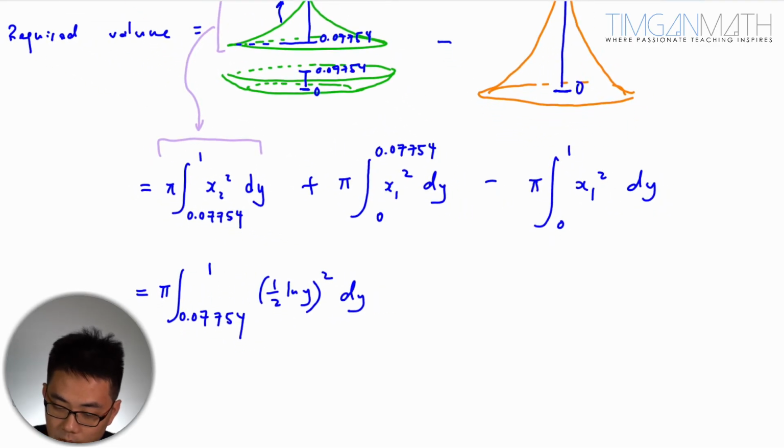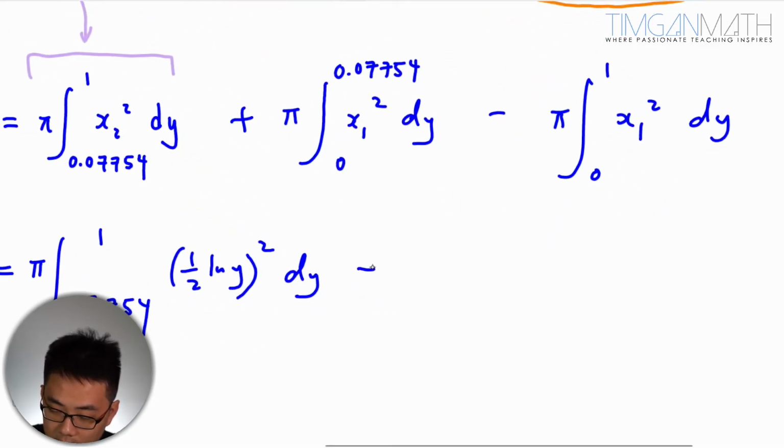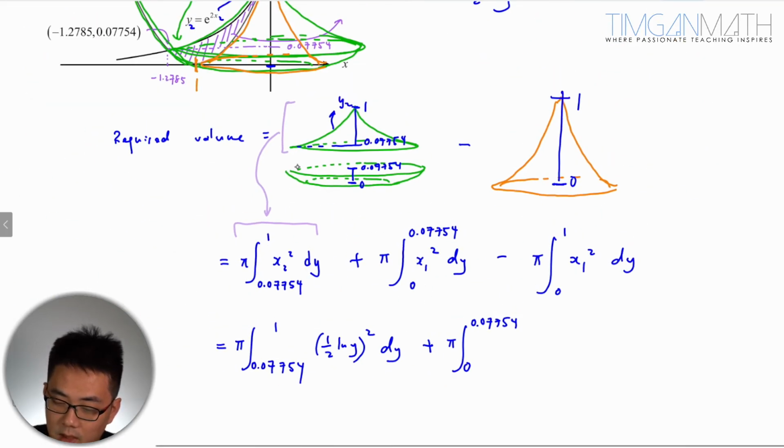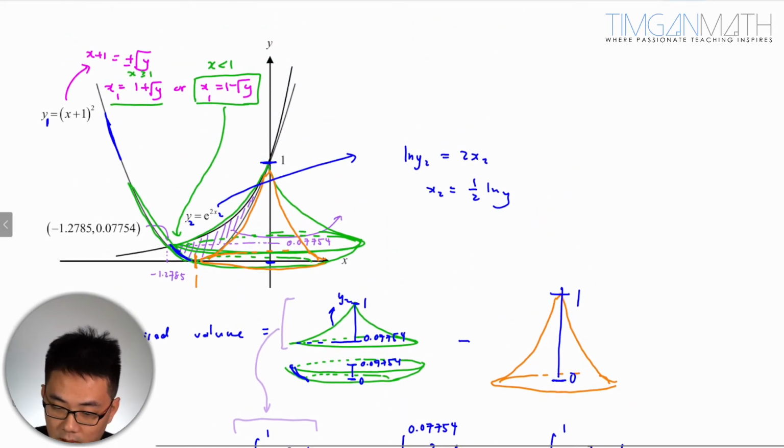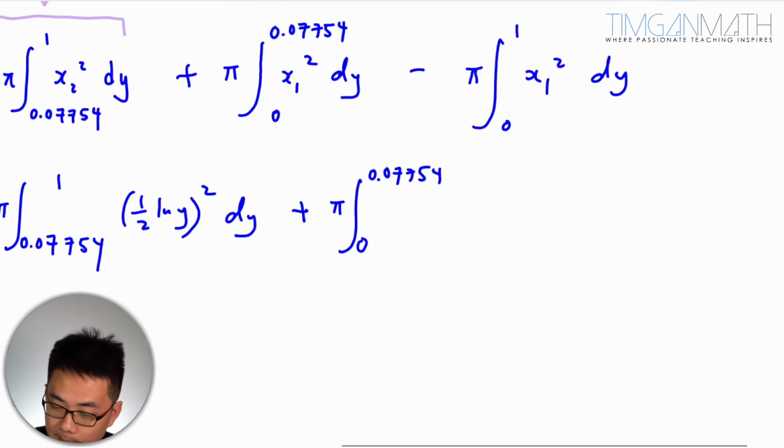Yeah, so I think that's about it. Then plus the other one would just be pi 0 to 0.07754. Now this x1 here, this curve here would follow this equation, which in turn means that we are going to use 1 minus root y square dy, minus pi 0 to 1.